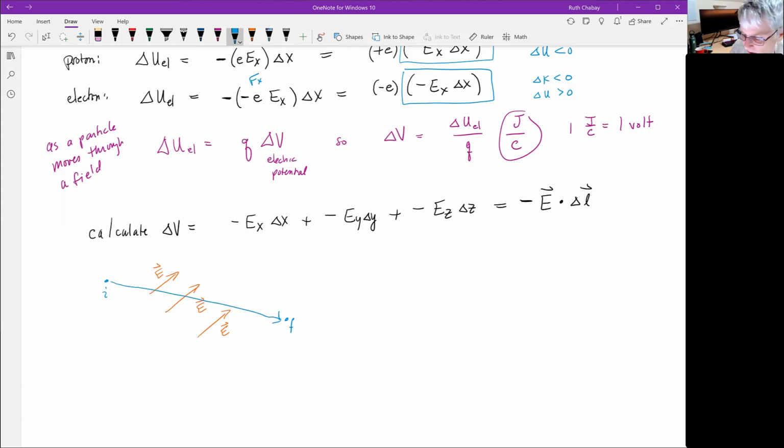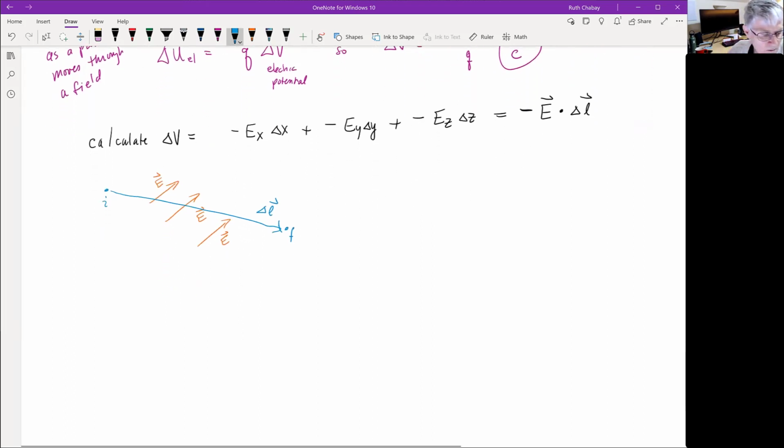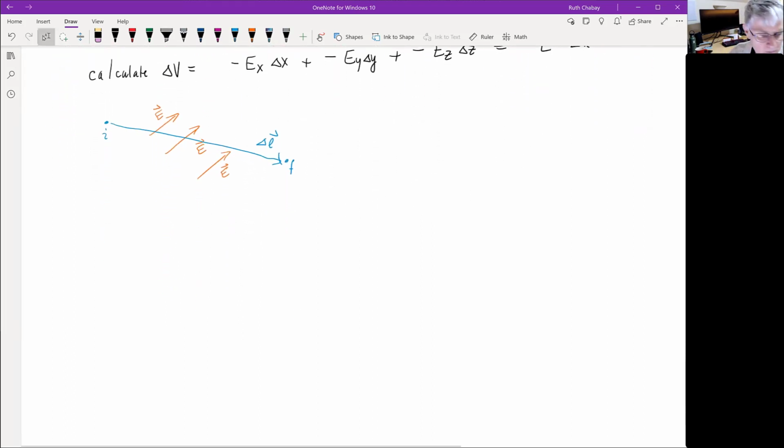So that would be our delta L. You'd see that we need both x and y components in this equation to get the change in potential.